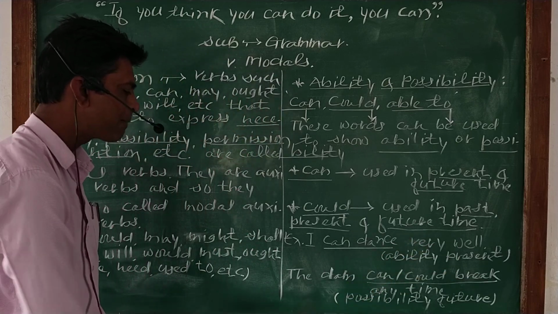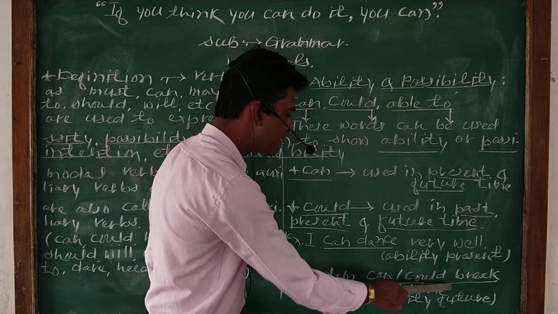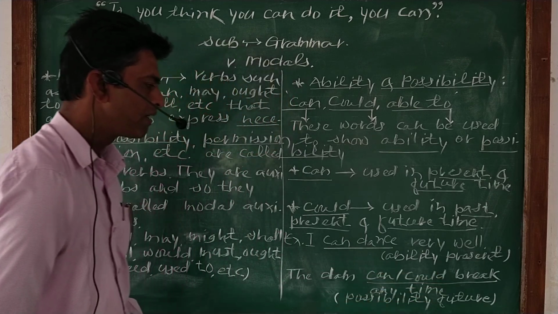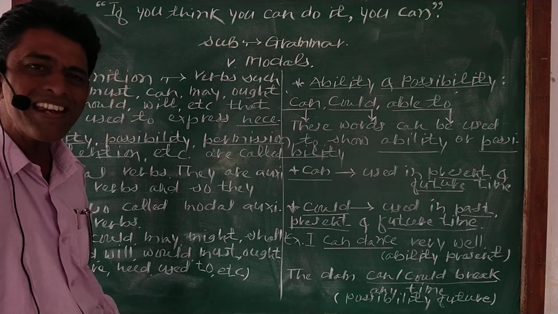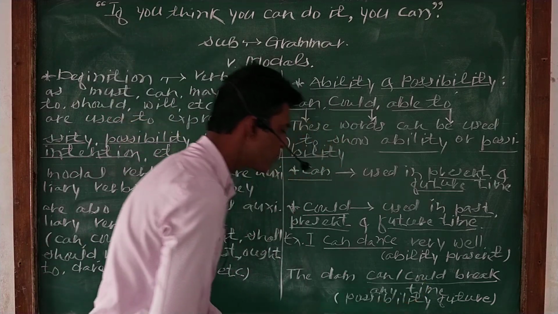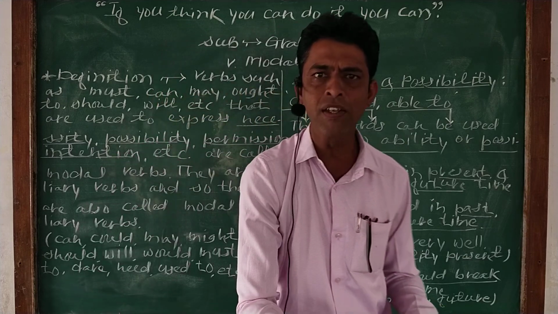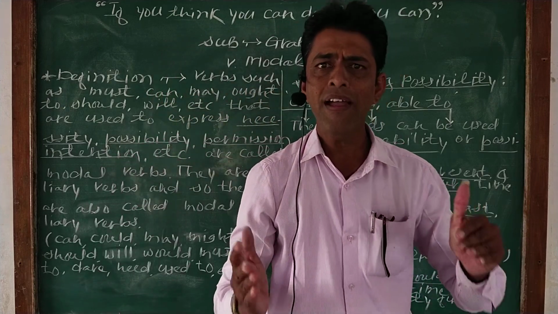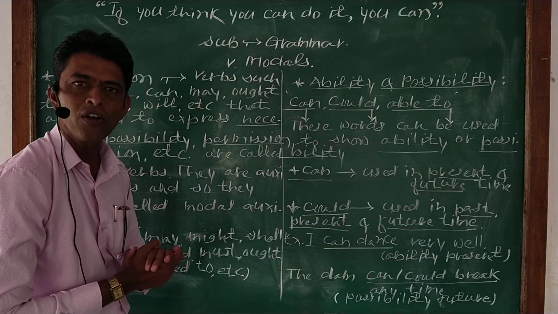Then the next example, the dam can, or you can use could, break. The dam can or could break anytime. Here, can or could shows possibility, that is in future tense. There is a possibility to break the dam at any time. So we have used here can or could.